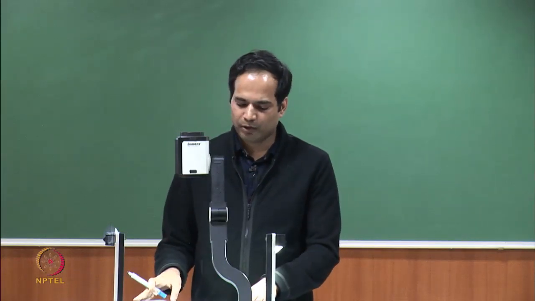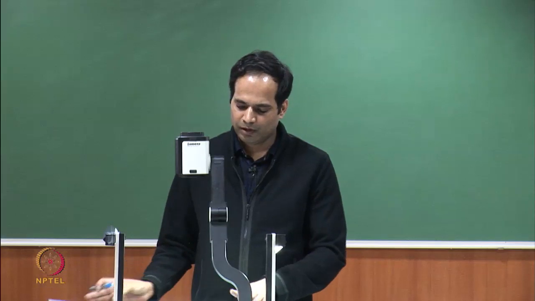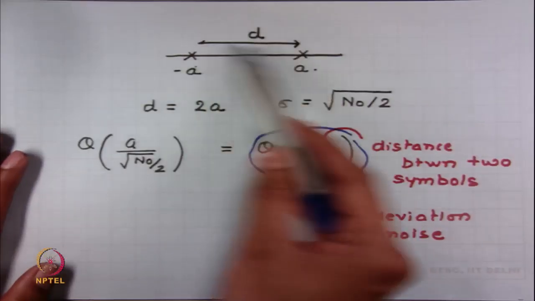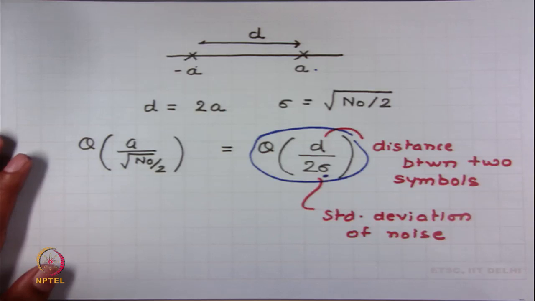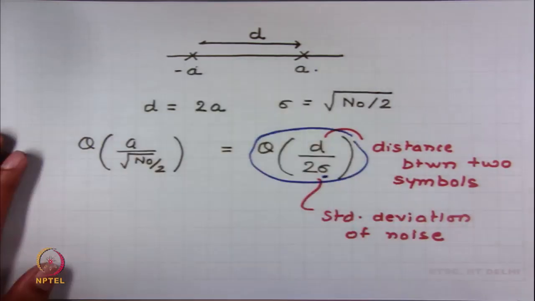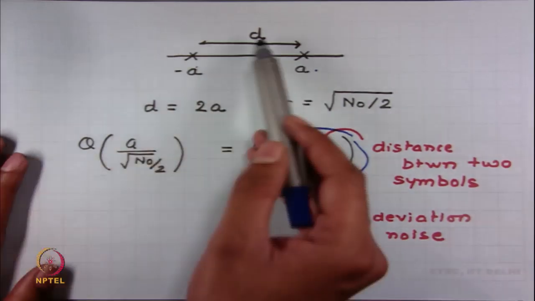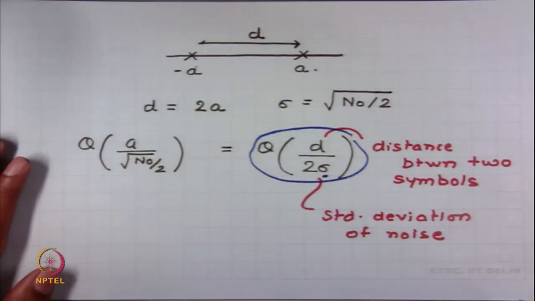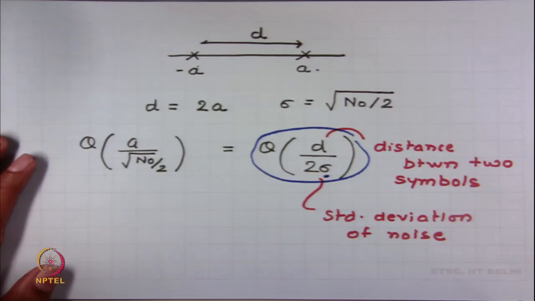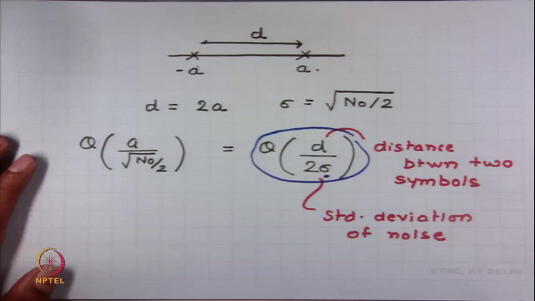When we discussed modulation, we talked a lot about constructing constellations, ensuring that the distance between two symbols is appropriately chosen, and this is the reason. The bit error rate performance of a modulation scheme is a very strong function of the distance between the symbols.